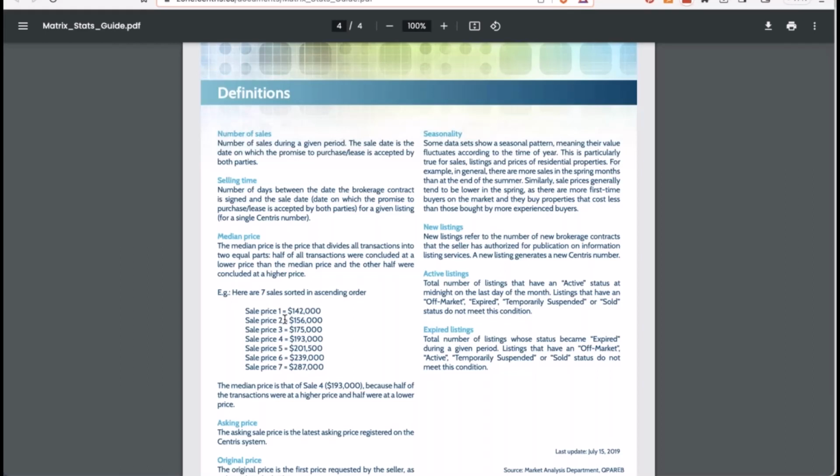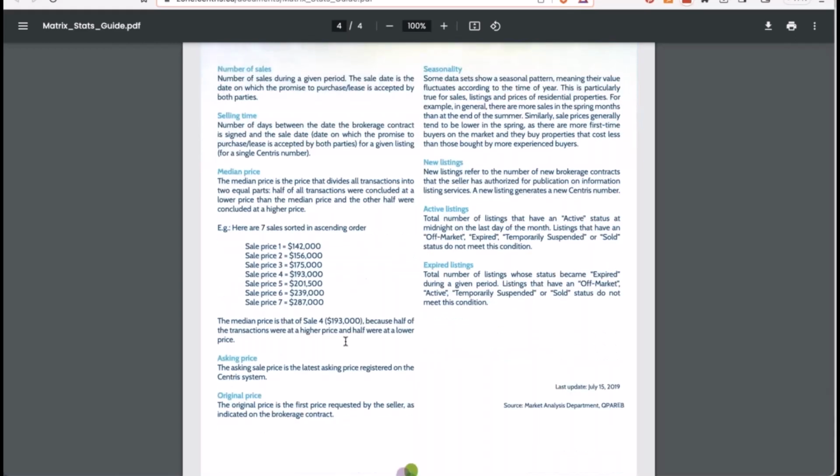So typically everything sells for $500,000 in your neighborhood, and you have a $1 million sale and a $200,000 sale. Those are 2 extremes, and the median will eliminate those extremes and give you a more representative number for your neighborhood.